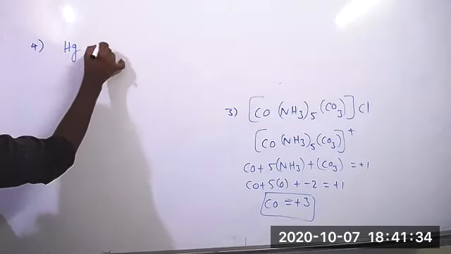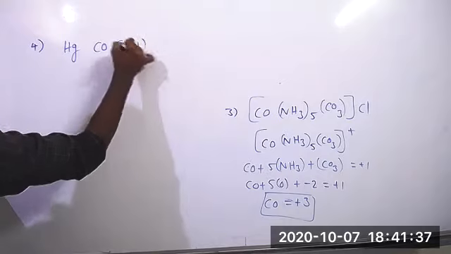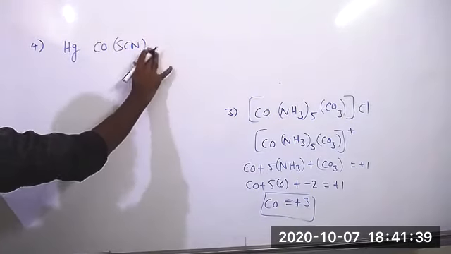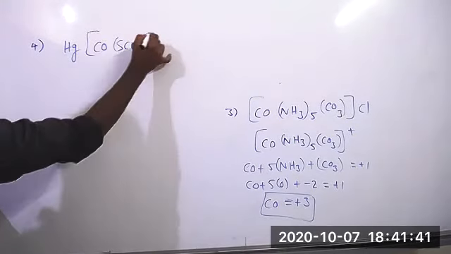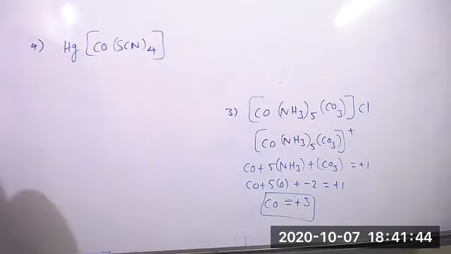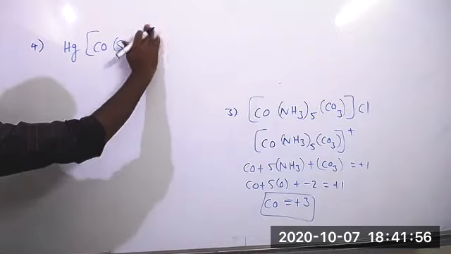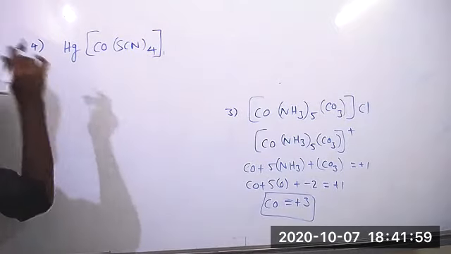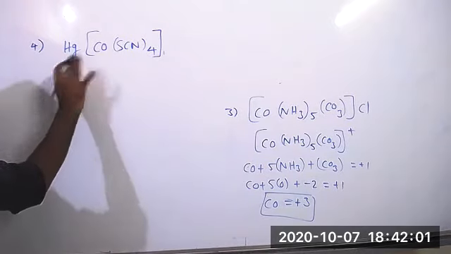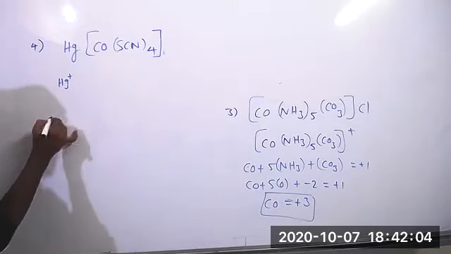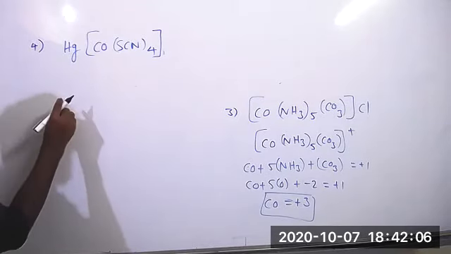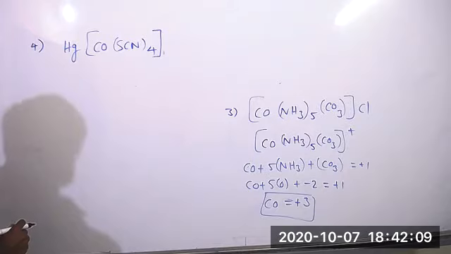Mercury cobalt thiocyanate, Hg[Co(SCN)4]. Banu? Sir, first write the complex charge. Sir, -2, sir. No, mercury is mostly +1. I think you don't know that. Mercury is mostly maintaining +1 charge. Yeah, +1.